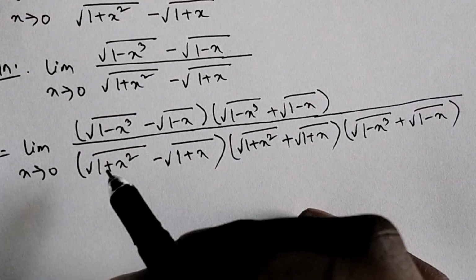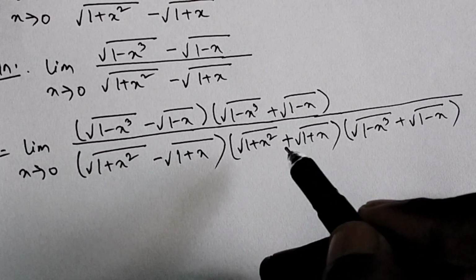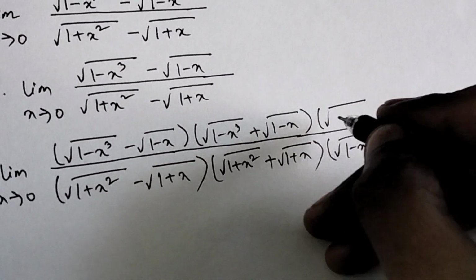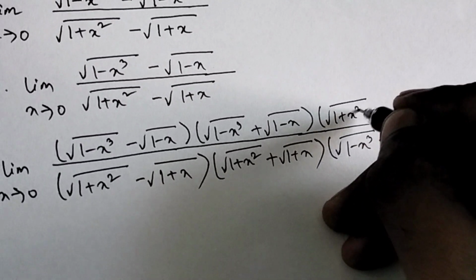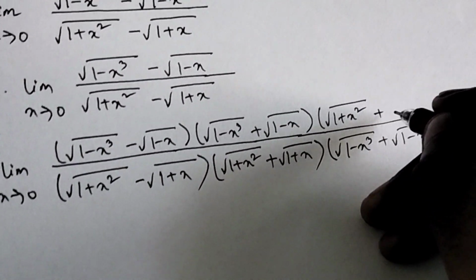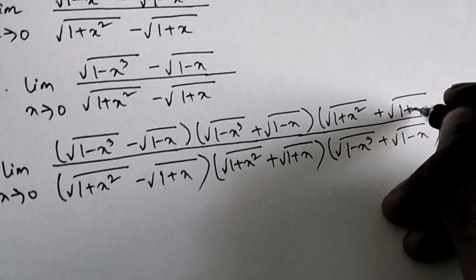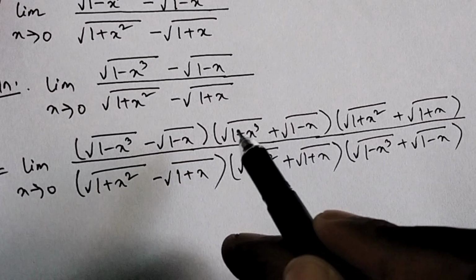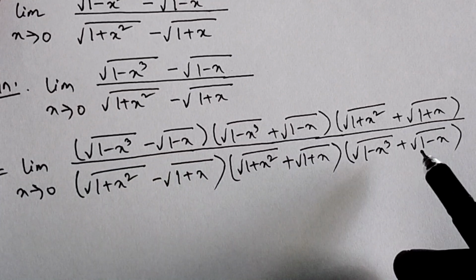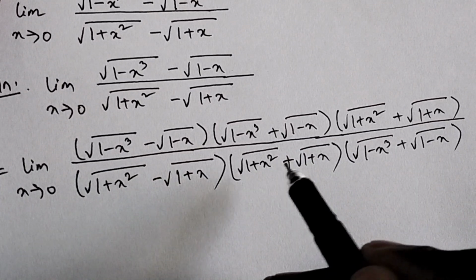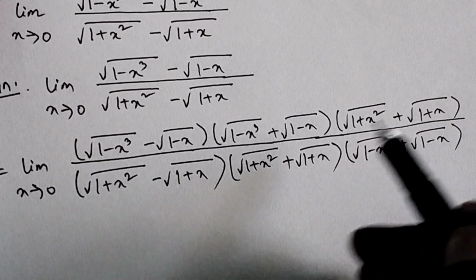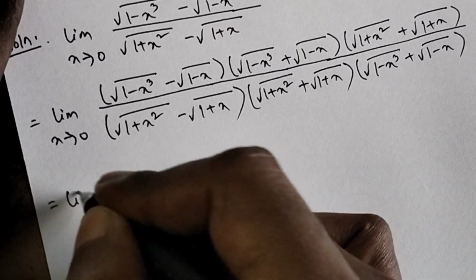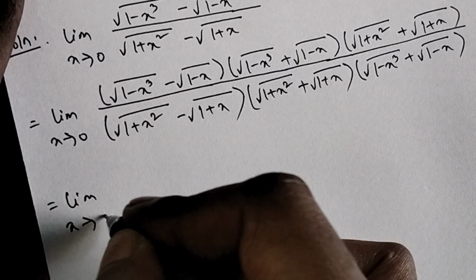Means we have multiplied the denominator with this term, so we have to multiply the numerator also. Clear?